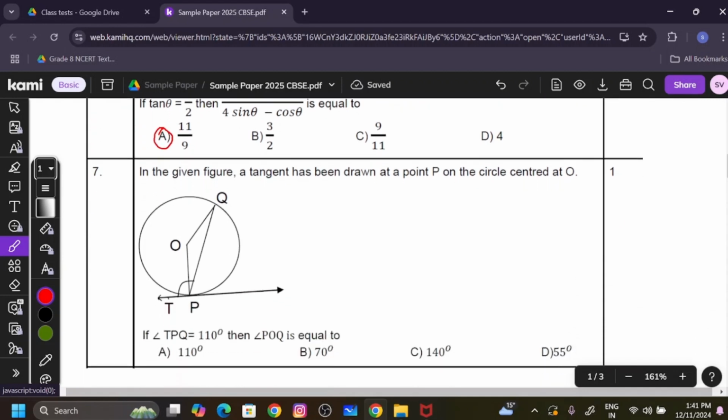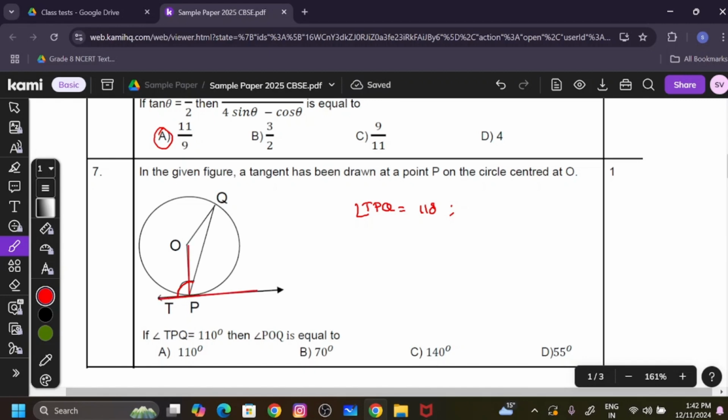In the given figure, a tangent has been drawn at a point P on the circle centered at O. If angle TPQ is equal to 110 degrees, then angle POQ is equal to. Here OP is the radius and TP is the tangent.